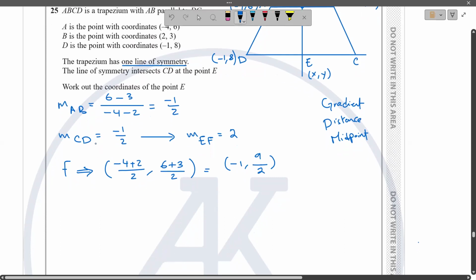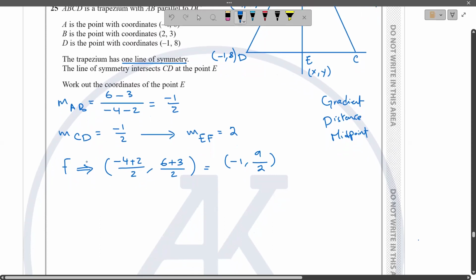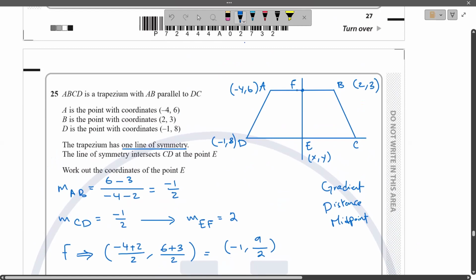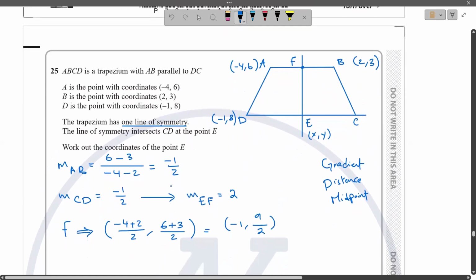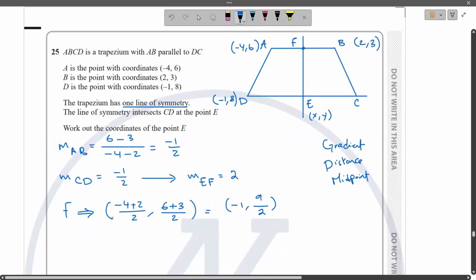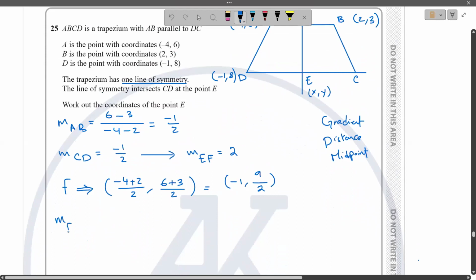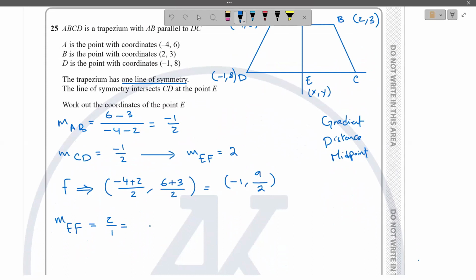Then let's write the first equation, which is the gradient of EF equal y2 minus y1 over x2 minus x1. For the gradient of EF, it's equal 2 over 1, which is equal y minus 9 over 2, over x minus -1.